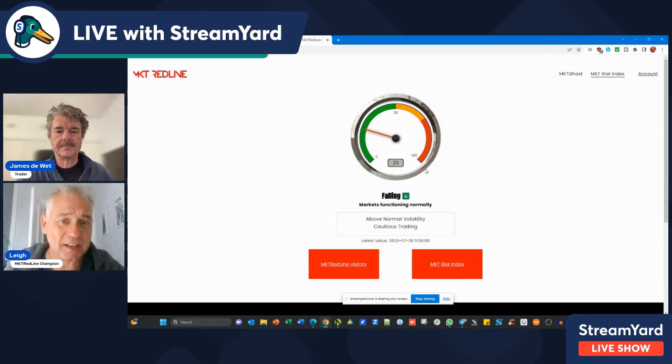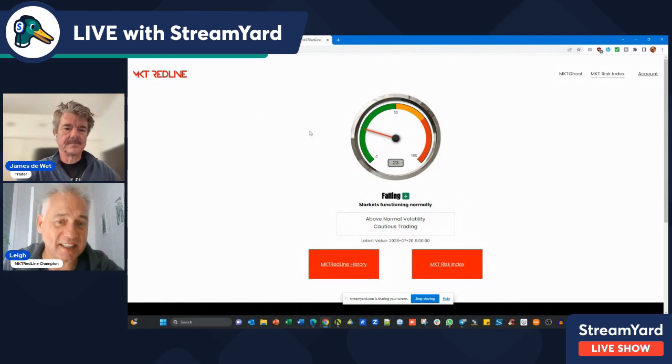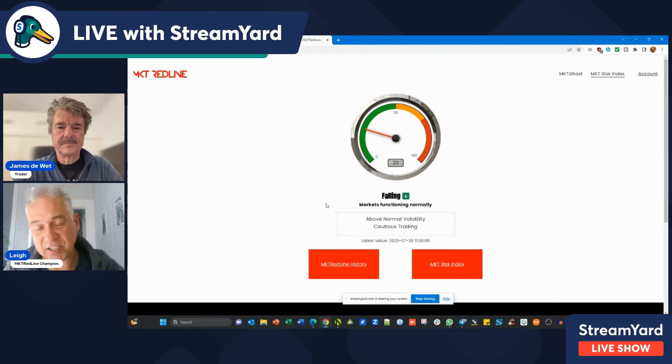Totally maxed out, and you've got words of warning here saying be very careful, it's particularly crazy in the marketplace. This gauge is available for traders. Basically, if it hits 100, if it's in the red zone, you need to think about the risk you've got and hedge if you need to, because you really don't know what's coming. It could be a black swan.